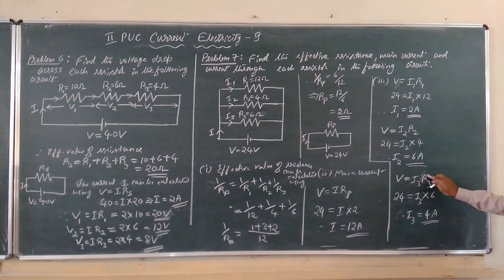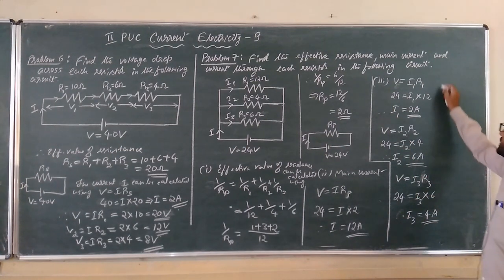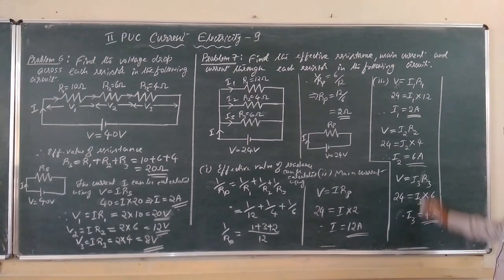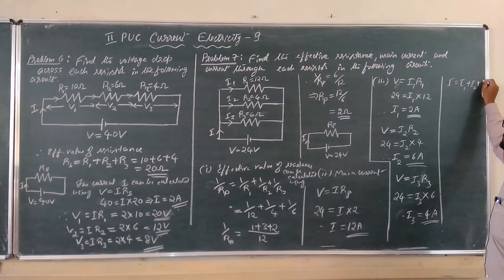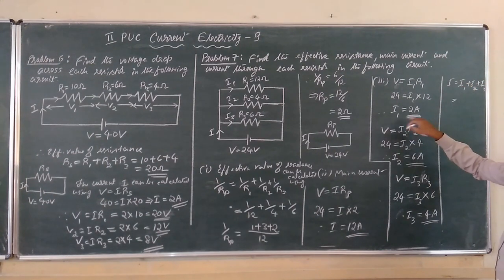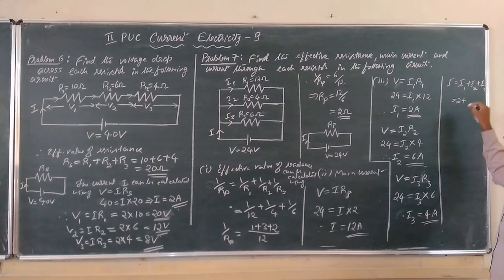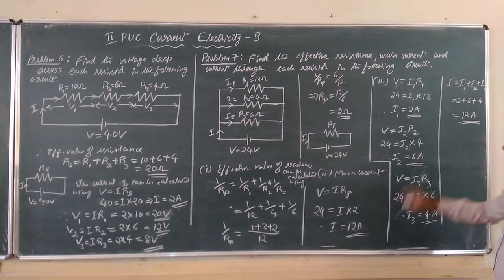The sum of these three currents I1, I2, I3 should be equal to the main current. I is equal to I1 plus I2 plus I3. Just verify: 2 plus 6 plus 4, that is 12 ampere, the main current.